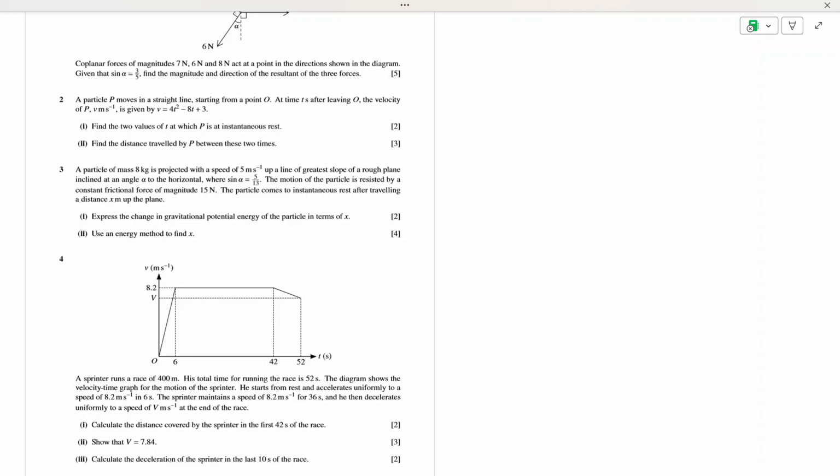Okay. So when the particle P is at instantaneous rest, we know that V is equal to 0. So we use that fact to find the two values of t. V is equal to 4t squared minus 8t plus 3, right? And then I'm going to factor these.